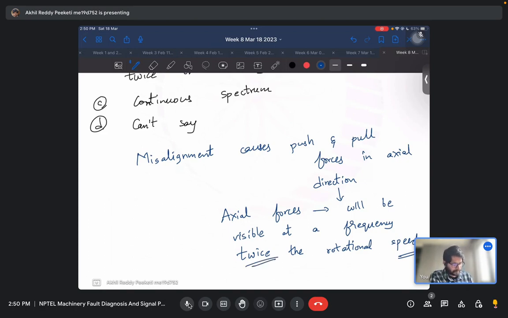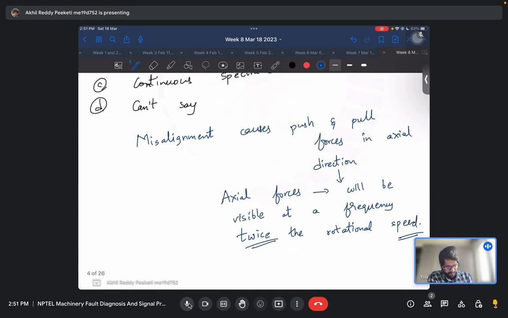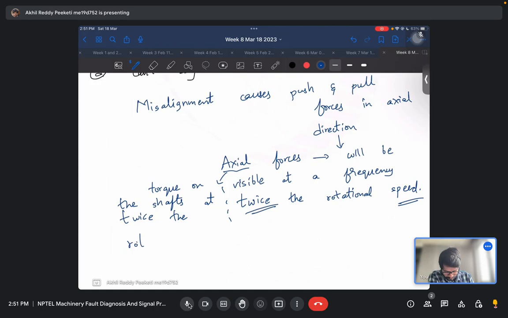This is because these axial forces will create torques on the shafts at twice the frequency, or twice the rotational speed.